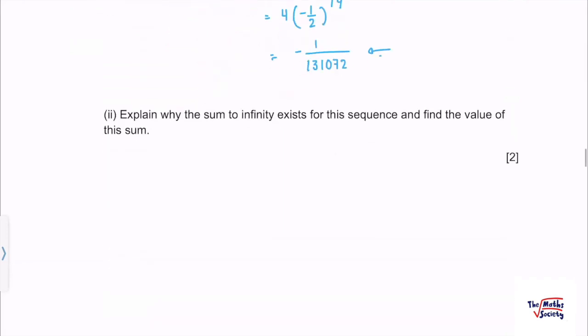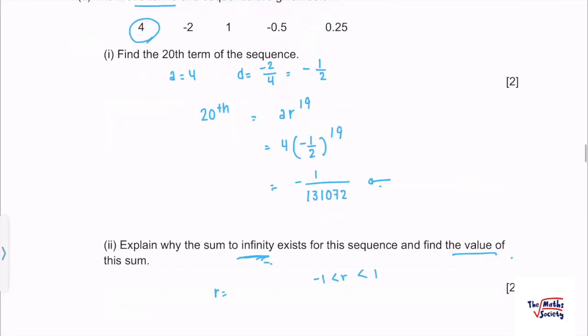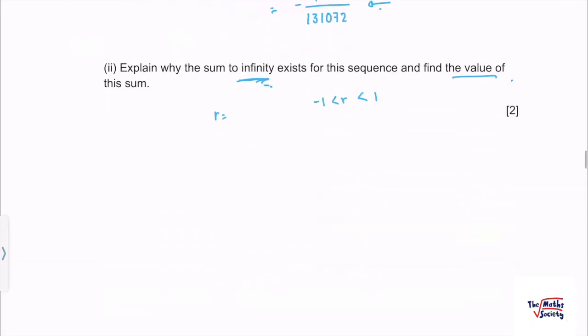And you need to explain why the sum to infinity exists for the sequence and find the value of the sum. So we know that for the sum to infinity, there's a range: r is between 1 and minus 1. So we know that r is equal to minus half here.